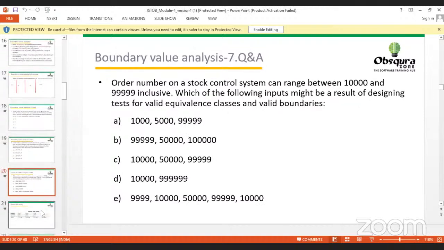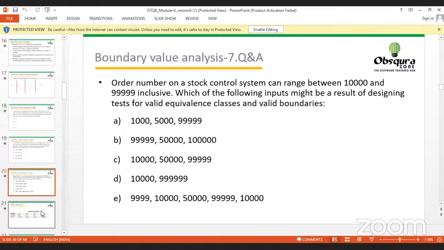Now, next question. The next question is a mix of boundary value analysis and equivalence classes. We can consider the question: order number on a stock control system can range between 10,000 and 5 nines inclusive.